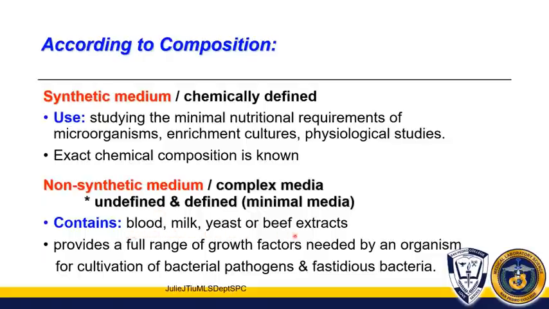Defined media are usually composed of pure biochemicals off the shelf. Complex media usually contain complex materials of biological origin such as blood or milk or yeast extract or beef extract, the exact chemical composition of which is obviously undetermined.